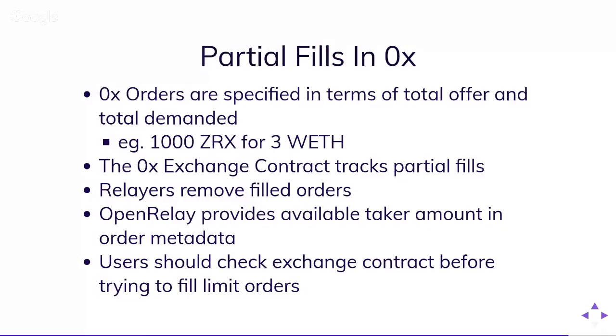So if, for example, OpenRelay were serving orders that came out of Radar Relay's order book, if Radar Relay has a fee on an order and it gets filled by somebody who found it on OpenRelay, Radar Relay gets the fee for that, and OpenRelay does not really get any benefit from that unless they have some agreement with Radar Relay.